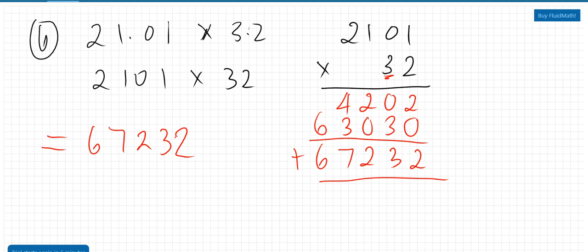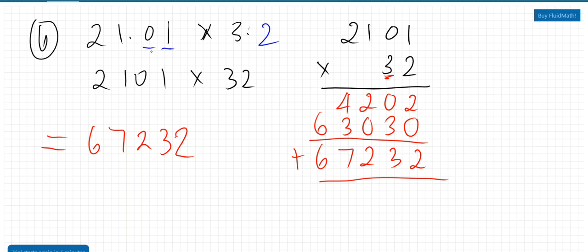Now, don't forget, we ignored the decimals. And now we have to put it back in. And if you remember in class, to do this, we have to count how many decimal places are there in the whole question. So how many numbers are there after the decimal? Here, I've got one number after the decimal. It was 2, so that's one number. And then here, I've got another 2, so 1, 2.